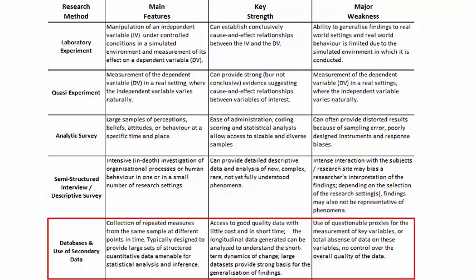Finally, databases and just generally use of secondary data, which could be qualitative or quantitative. Quantitative if you deal with, for example, a large panel survey such as Understanding Society, or qualitative data if, for example, you rely on newspaper content or on video footage such as movies, why not, or interviews appearing in popular media.